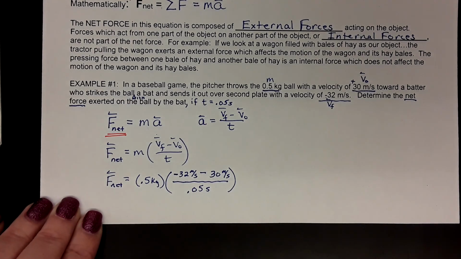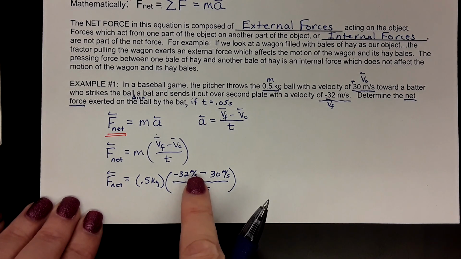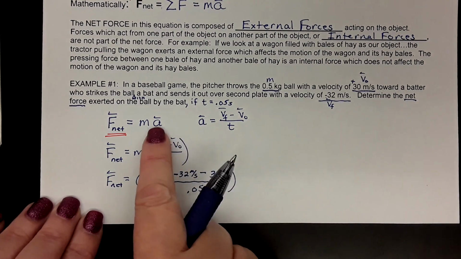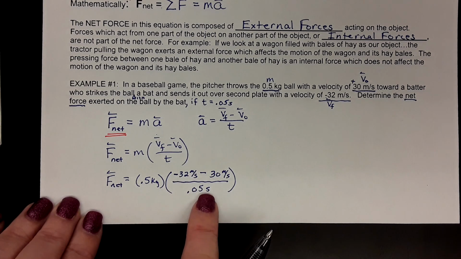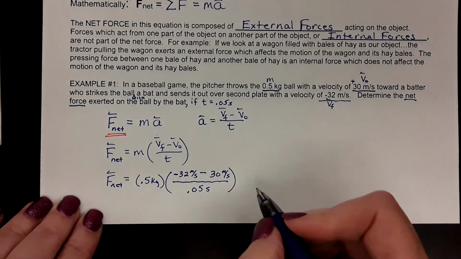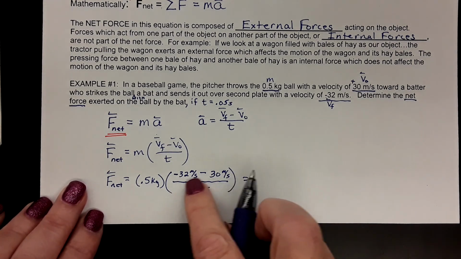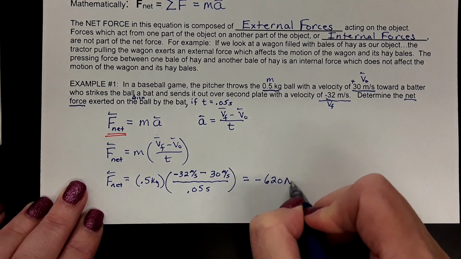All right, so far, so good, right? Okay, so notice we're going to get meters per second divided by seconds, which is meters per second squared of acceleration, and then kilograms. So we're actually going to get a kilogram meter per second squared, which is a Newton. So we're doing okay. Now, if you stick that into your calculator, you'll end up with a negative value. In fact, you end up with negative 620 newtons.